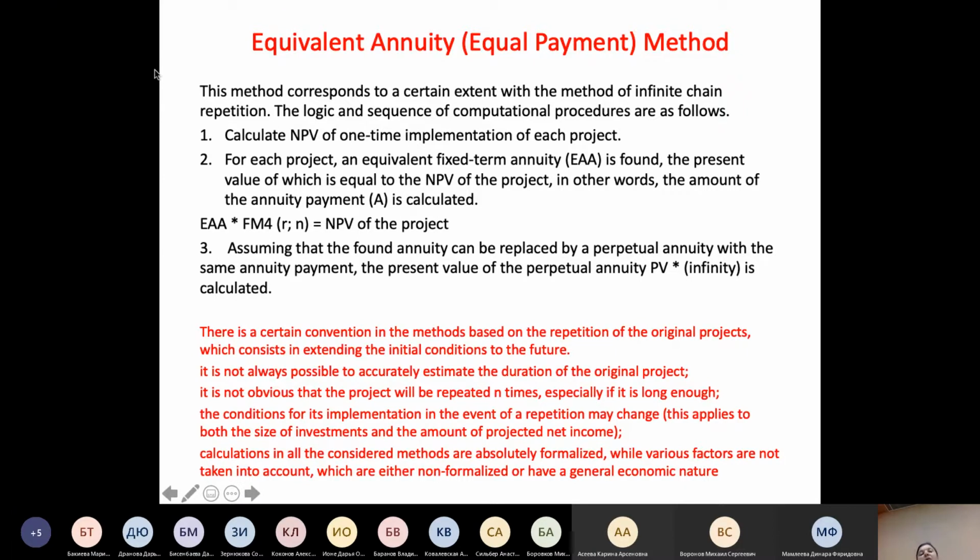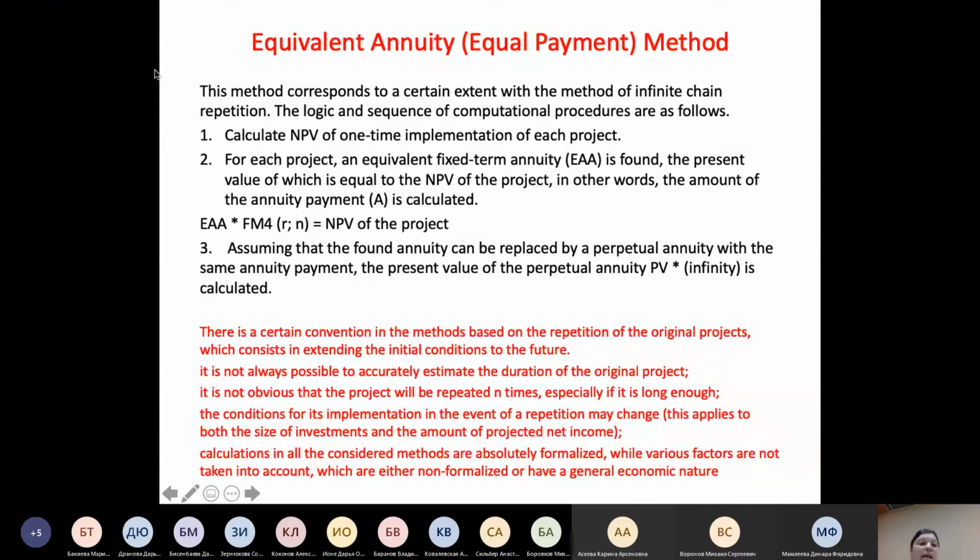According to this method, we have to replace the cash flows of the project by the equivalent annuity. In other words, we set aside all our cash outflows and cash inflows, and we replace all our cash flows by the equivalent annuity.